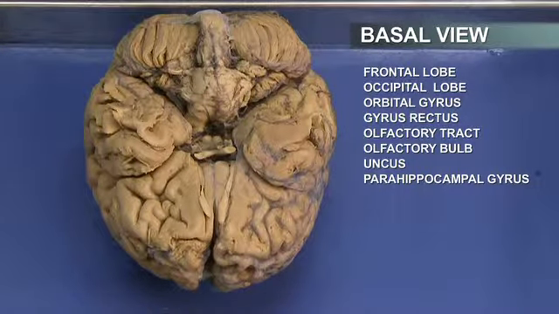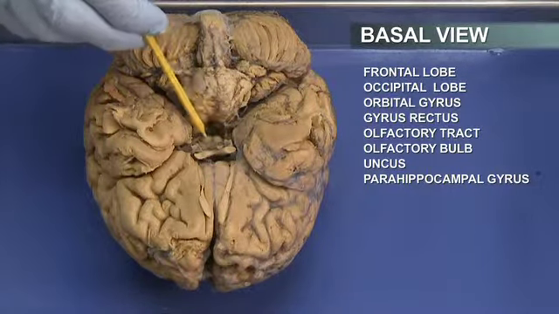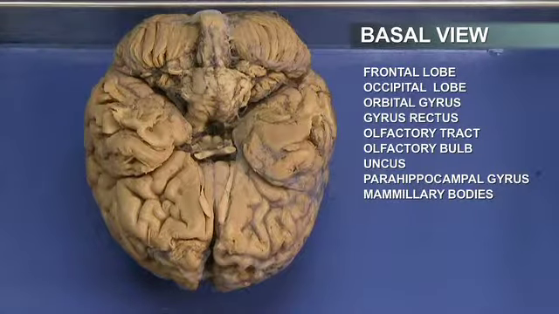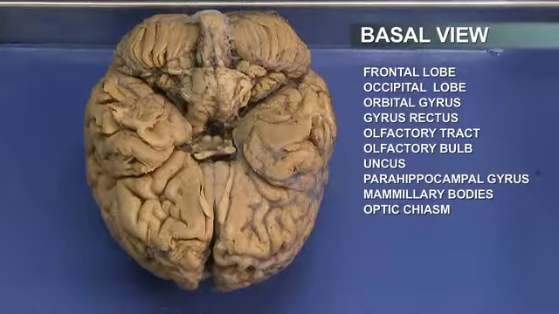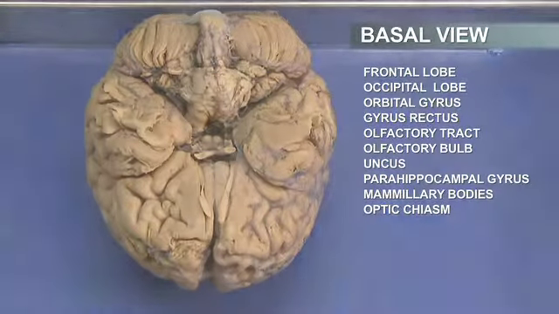Uncus and parahippocampal gyrus are important for memory. For your orientation, those are mammillary bodies and optic chiasm that are landmarks of the diencephalon.